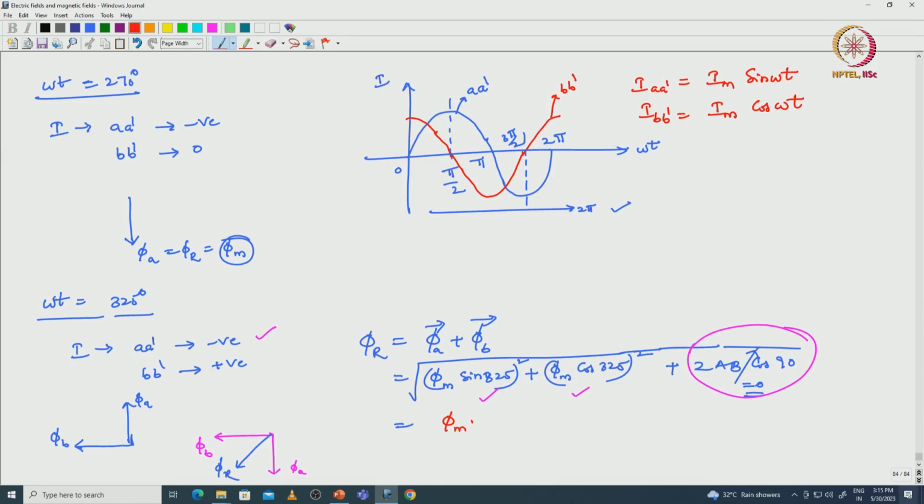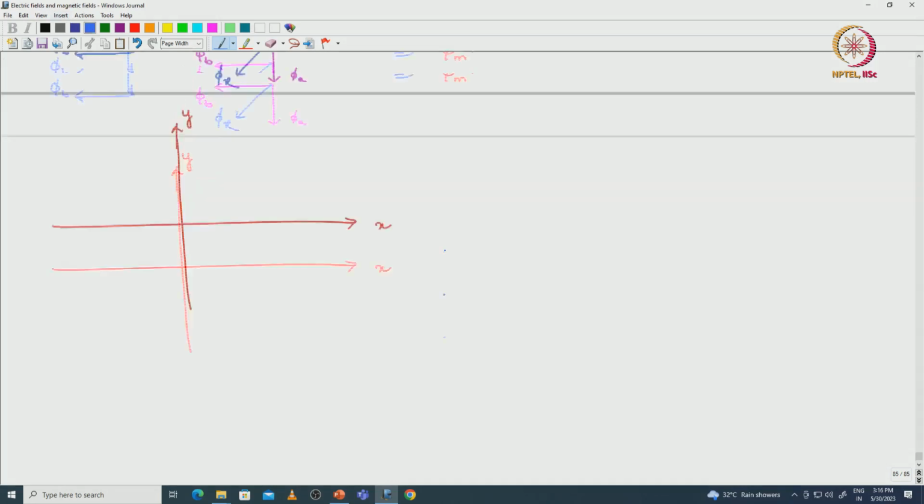If we see the resultant magnetic flux vector on an xy plane, this is x and y, at 0 degrees where is the flux vector, we will see that.